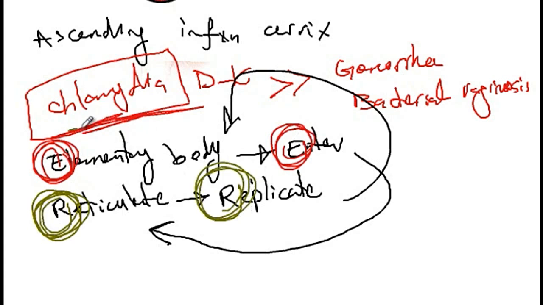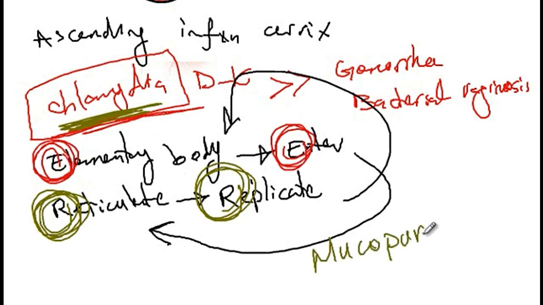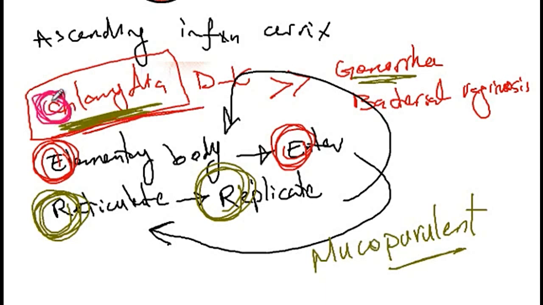And then the type of discharge that you will see with the chlamydia is a mucopurulent discharge versus gonorrhea, which is causing only a purulent discharge. So again, another memory aid that I have for you is that chlamydia is causing a mucopurulent discharge. Clinical symptoms of these patients include fever, lower quadrant abdominal pain.